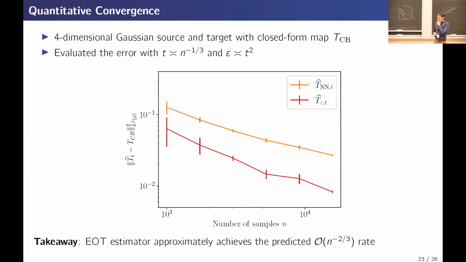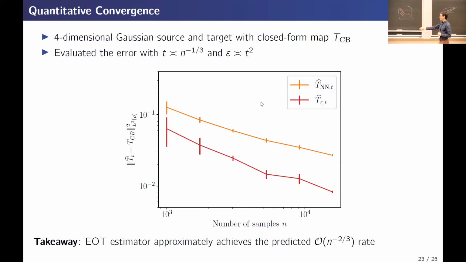Just to make that visual, here we looked at exactly these sample complexity results as a function of the number of samples on the x-axis. On the y-axis, the mean squared error of the estimator. This is with both the optimal choice of t according to our analysis, scaling with n, and the choice of epsilon for the entropic part.